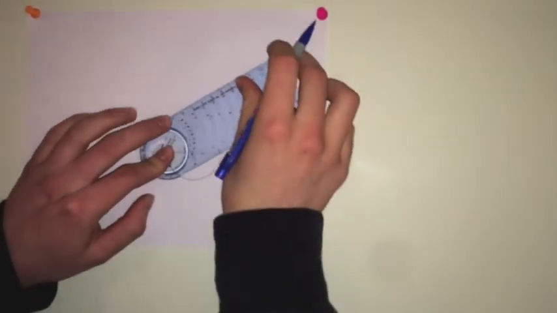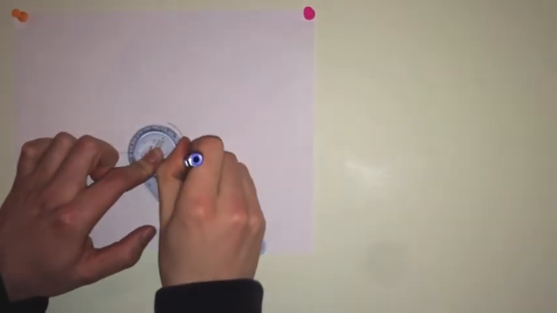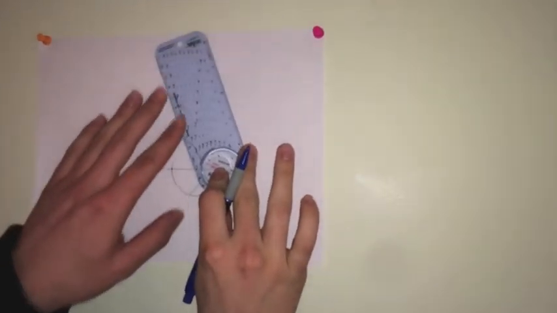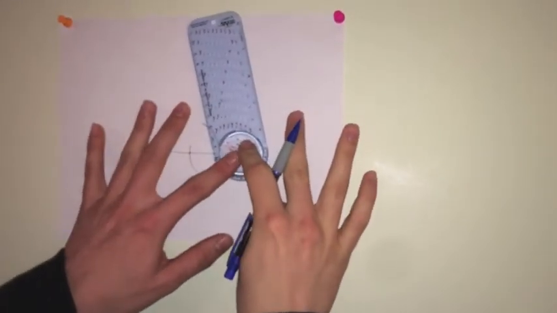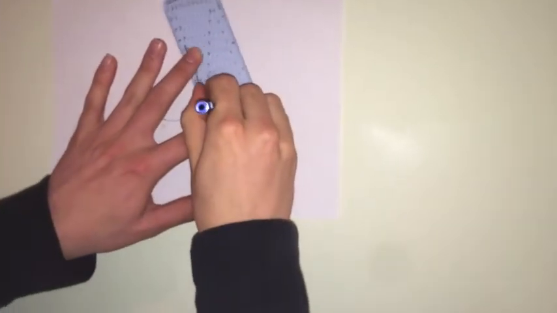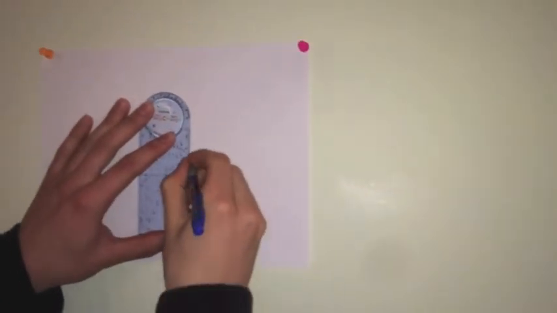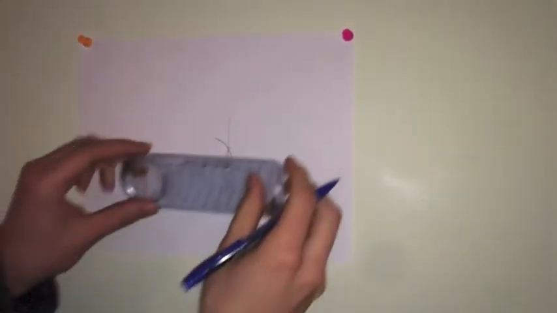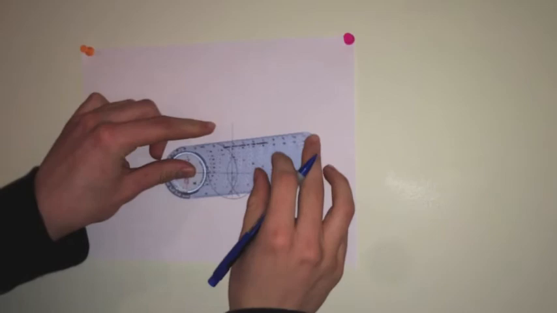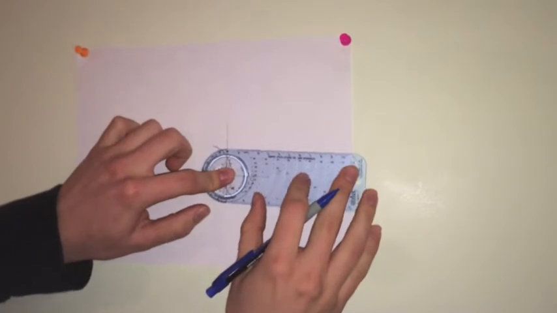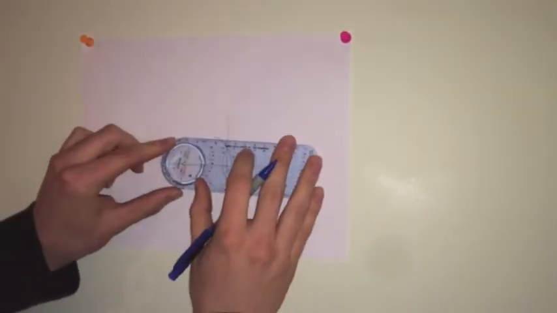Now that you have your endpoints, you can now make a perpendicular line. You do the same exact step with the other point on your line segment. Make sure you remember which hole you use to create your endpoints.